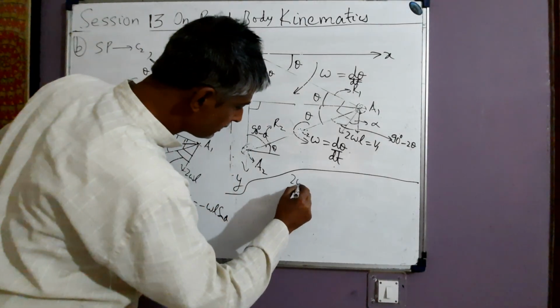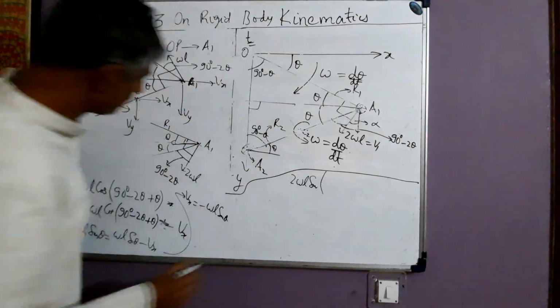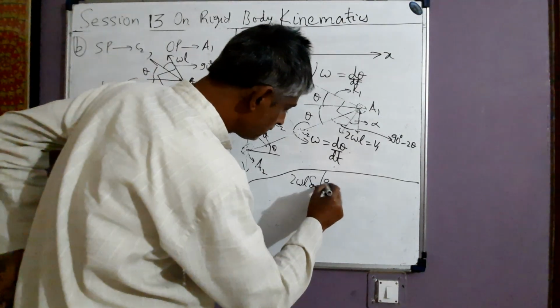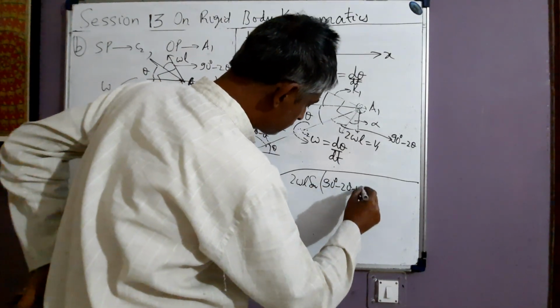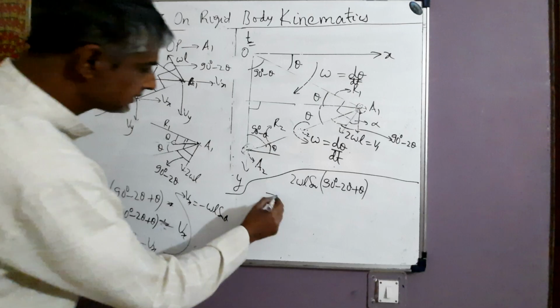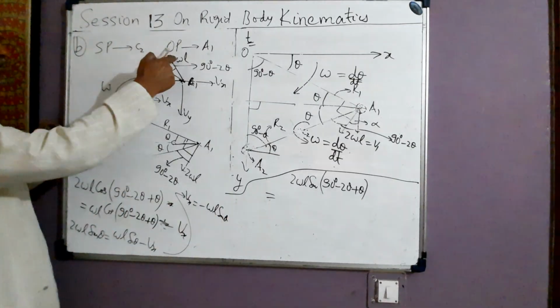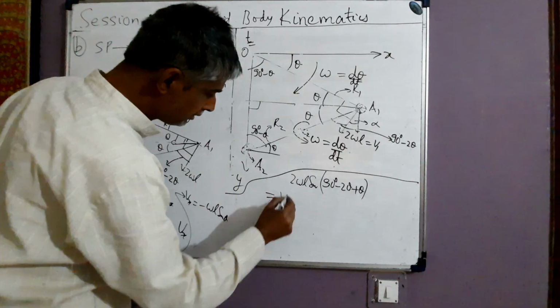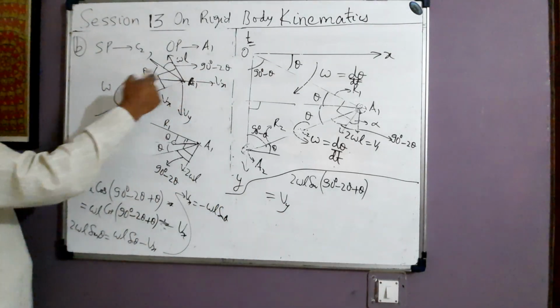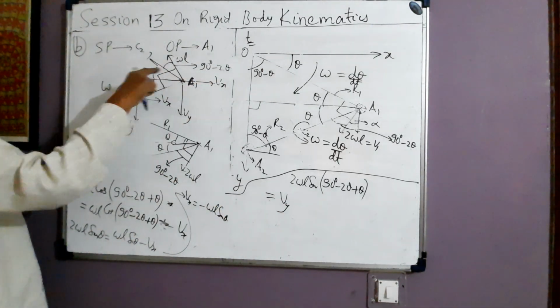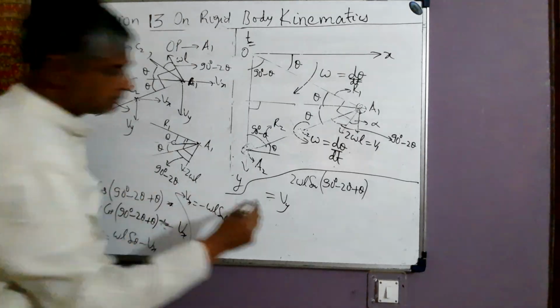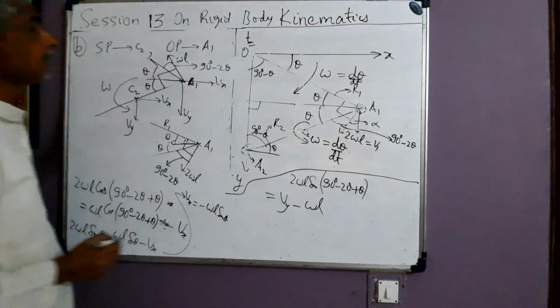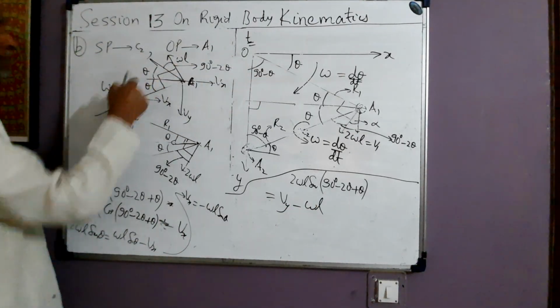So 2 omega L sine of 90 degree minus 2 theta plus theta. That is the same as the y component of the sum of these three terms. This has downward direction, Vy. Vx has no y component. And this y component is in upward direction, that is minus of omega L, and this is 90 minus 2 theta plus theta.